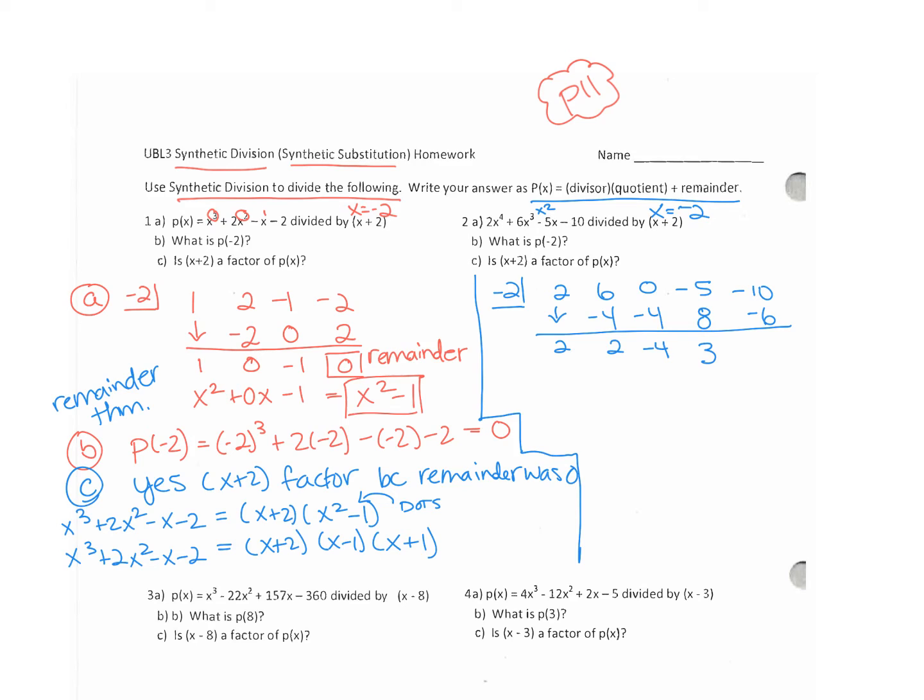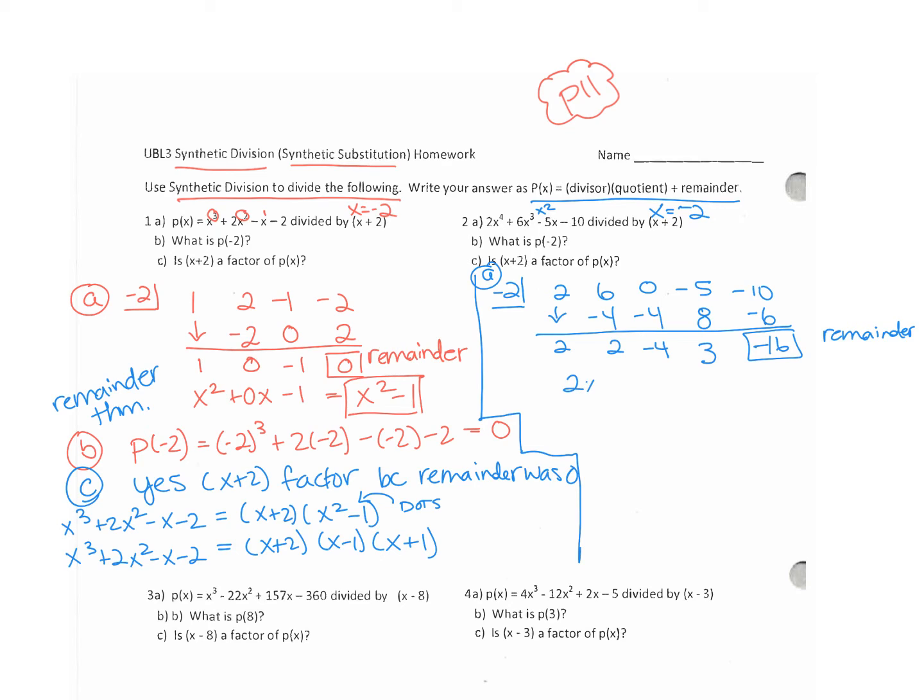And I get a remainder then of negative 16. Okay, that's my remainder. So this is A, by the way, I'm doing the division. So my quotient, my answer then, is 1 degree less than my original polynomial. So it's going to be an x cubed.